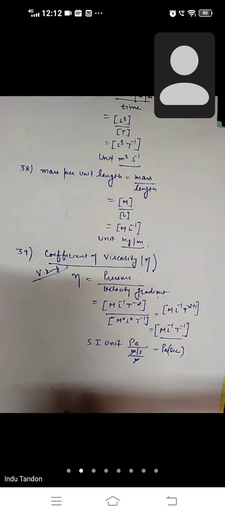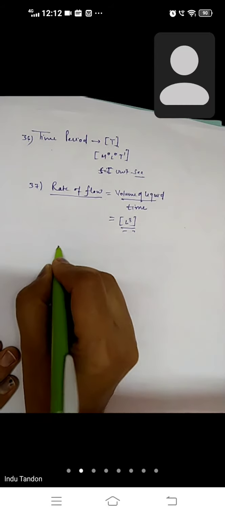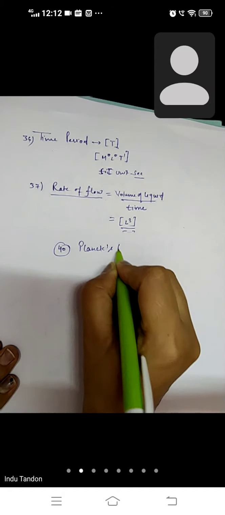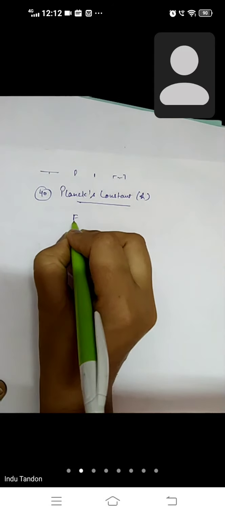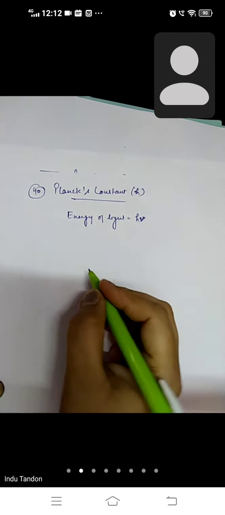Next I am going to start with the next quantity, that is Planck's constant. Do you know Planck's constant? In chemistry maybe you have studied. Planck's constant H. The energy of light or energy of radiation is H into nu, where nu is frequency.